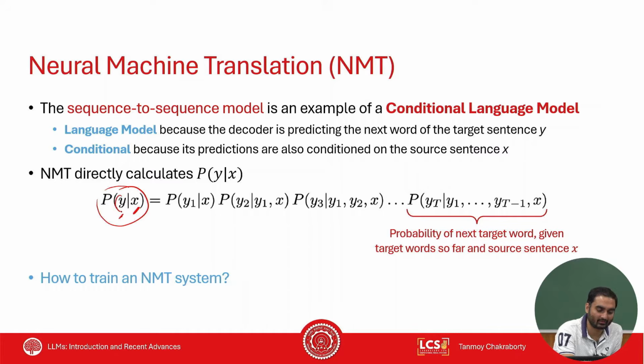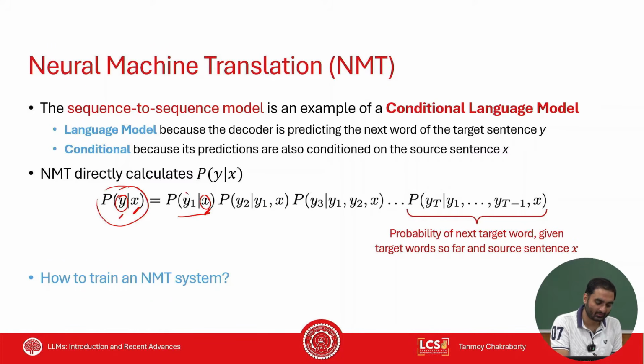Now if you think of Y as Y1, Y2, Y3 dot dot dot, the first probability that you are computing is at the first hidden state, right? What is the input there? The input is the final hidden state of the encoder, right? So that is X, but you have already processed the entire input sentence.